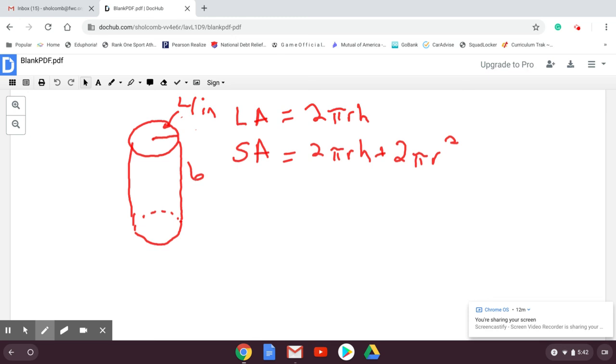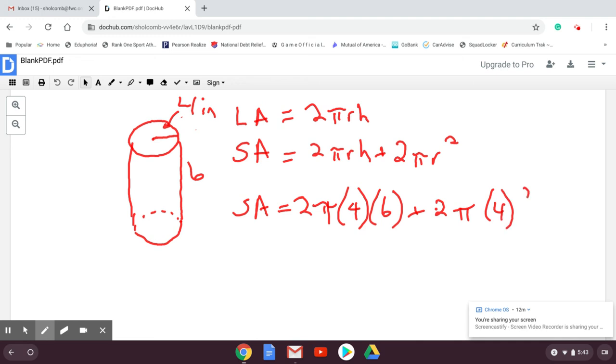Okay. So the surface area, just got to fill it in, is equal to 2 pi my radius, which is 4, times my height, which is 6, plus 2 pi my radius of 4 squared. And so let's start simplifying this down, and it's just going to depend upon Math Excel whether they want you to estimate it or leave it in terms of pi.